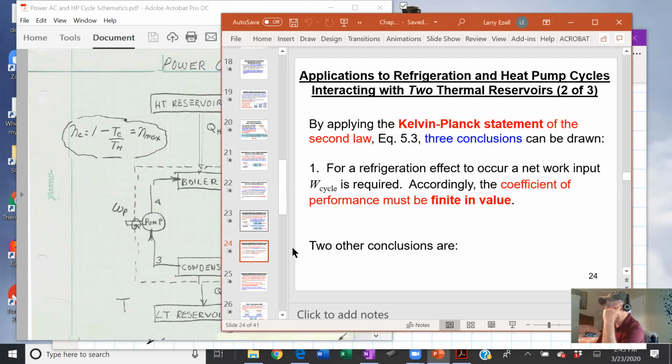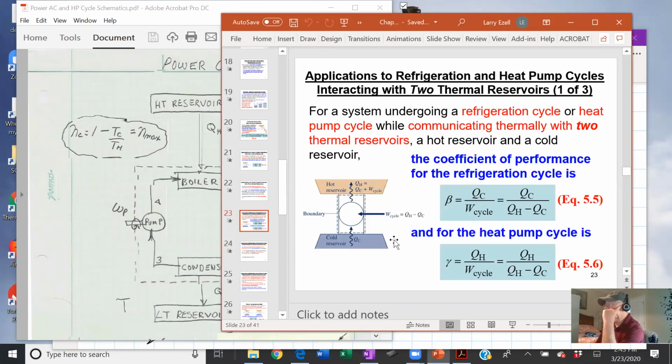Let's go back and look at this. What that means is we're actually taking heat from a cold body and putting it onto a hot body. We're making heat flow uphill. Kelvin-Planck says you can't do that without putting some work in, and that's what we have to do.